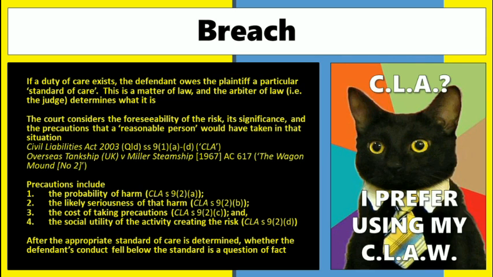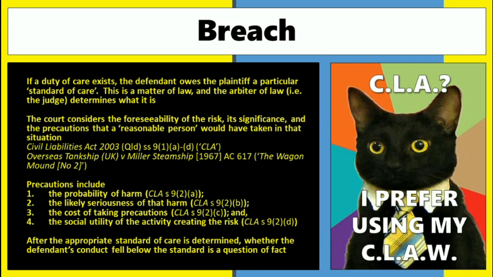Now, these days this is mapped out in the Civil Liabilities Act, and the types of precautions that a reasonable person would take into account are actually mapped out. You have to take into account the probability of harm, the seriousness of any harm that might occur, the cost of taking those particular precautions, and the social value of the particular activity that's creating the risk of harm.